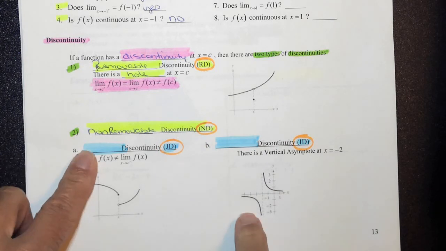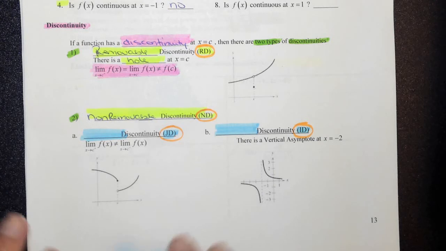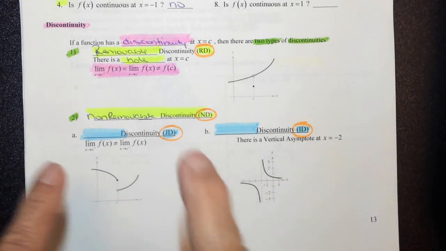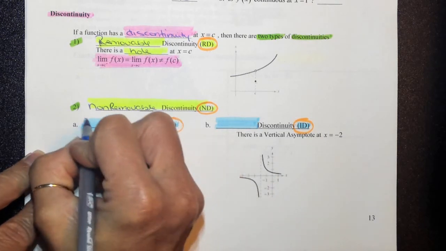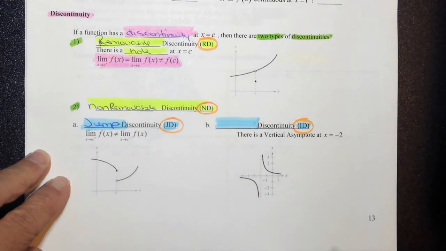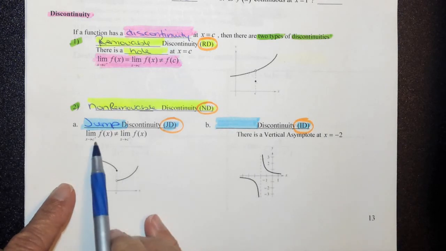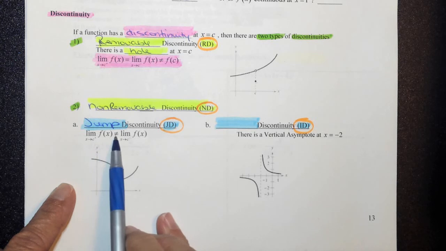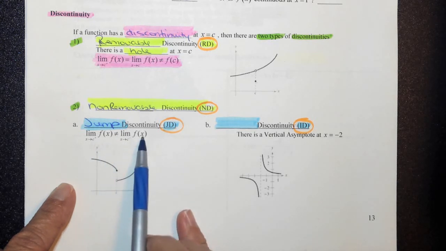But a non-removable discontinuity has two types, meaning you need to identify, is it this type or this type? The first type that we're going to discuss is a jump discontinuity. Okay, and it is exactly what it sounds like. There's a jump in the graph. So the limit as x approaches some given value c from the right of the same function is not equal to the limit as x approaches c from the left of that given function.